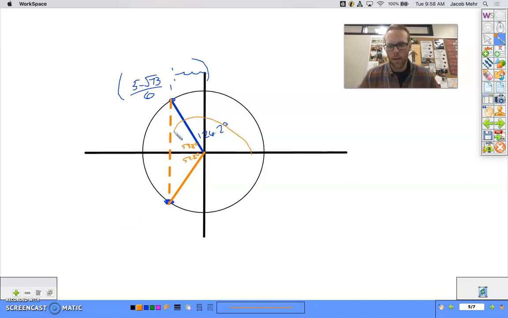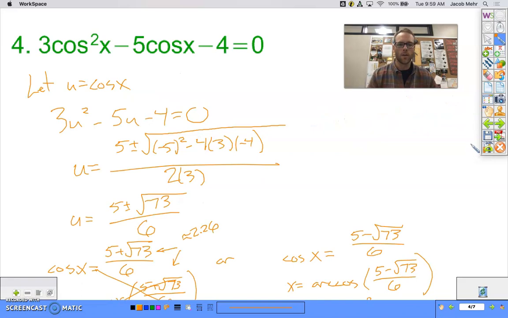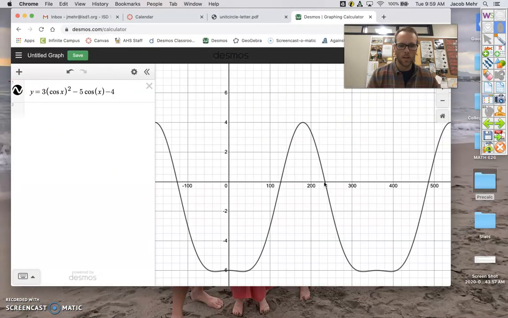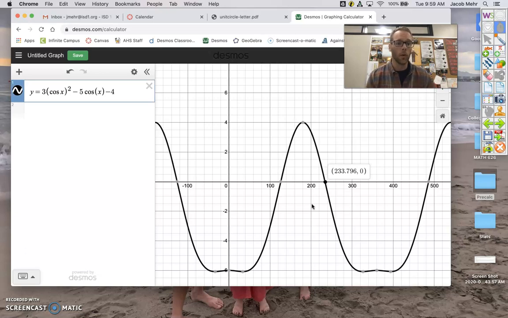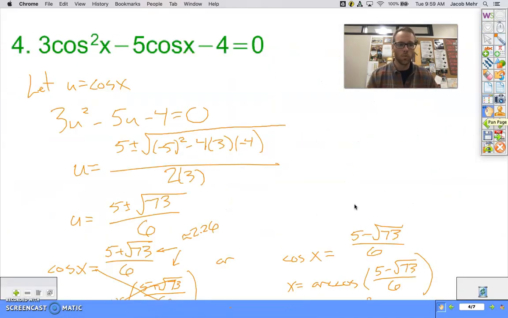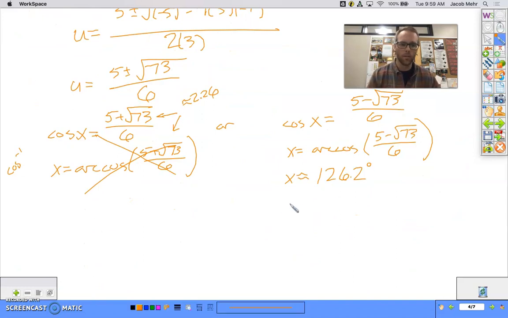So this angle from there all the way to there will be 180 plus 53.8, which is 233.8 degrees. So that is our second solution, and let's see if that's what it is on Desmos. There it is, 233.8.